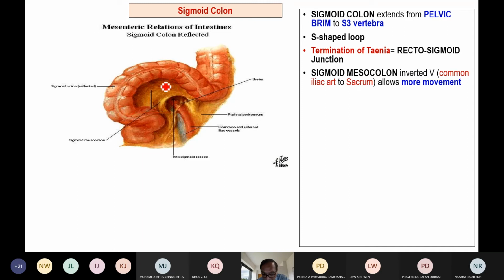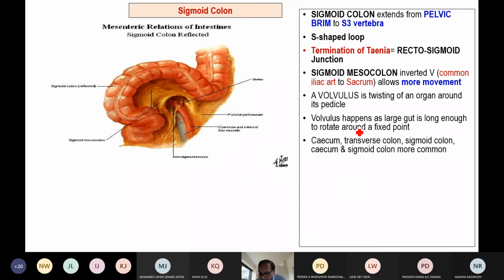Because the sigmoid colon is quite long, as you were already told, the transverse colon is the longest and the sigmoid colon is the second longest. Particularly people, African people and others, who take a high roughage, high fiber diet, a lot of the time the food is there in the sigmoid colon. It causes increased length of the sigmoid colon. If there is increased length of the sigmoid colon, the sigmoid mesocolon gets twisted.